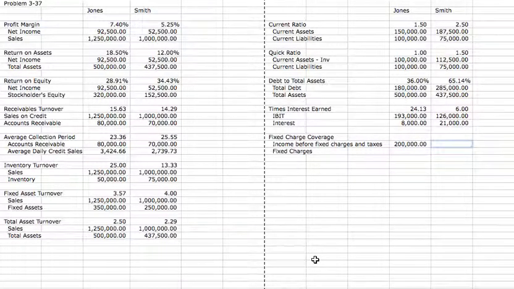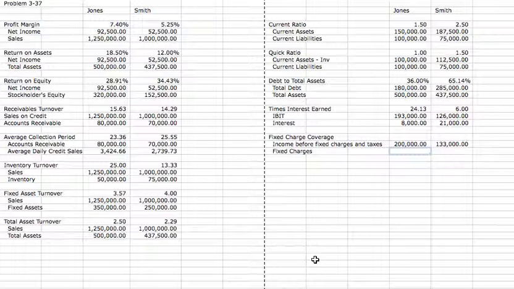And for Smith, it's the same thing, operating profit of 126 plus adding back that lease payment of $7,000. Okay, now fixed charges are going to be interest plus capital lease payments.